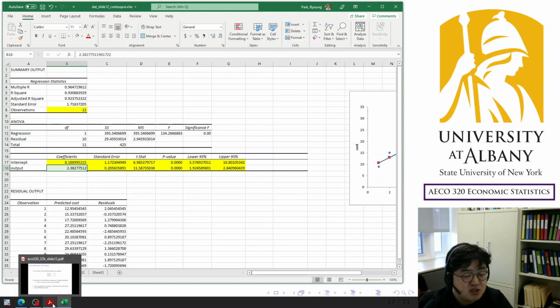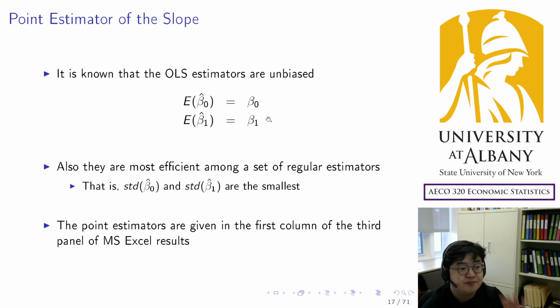And then in chapter 8, what we learned is, when you check if a point estimator is good or not, there are two criteria. One is unbiasedness, and the second one is efficiency. Unbiasedness was related to the expected value of the estimator, and the efficiency is related to the standard error or the variance of the estimator.